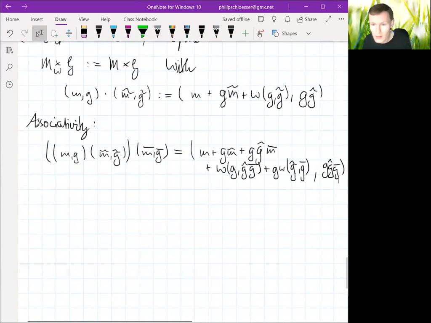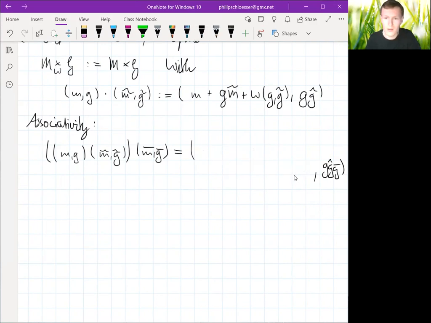Maybe I should write one more step in between. We have m plus g m tilde plus omega g tilde, plus g tilde m bar plus omega g bar g tilde.